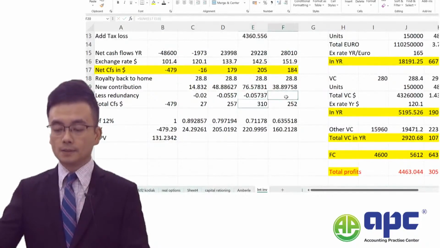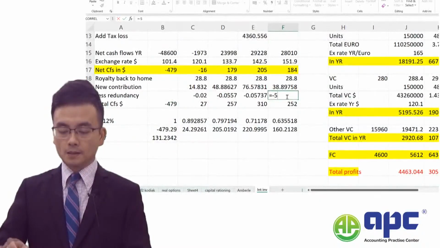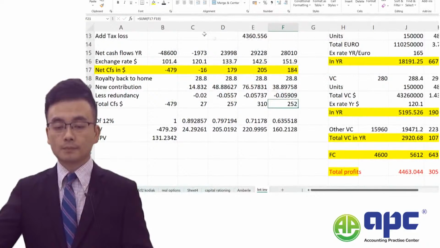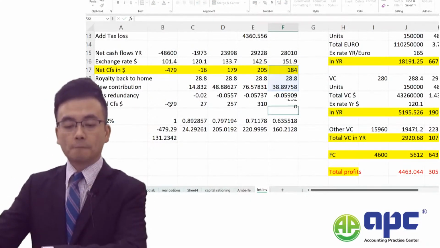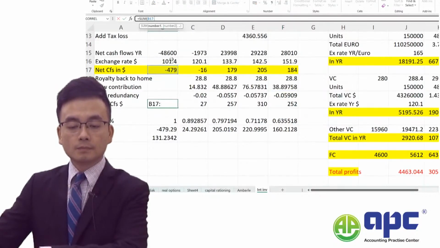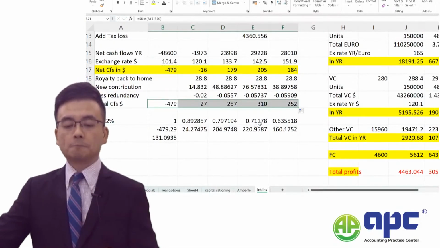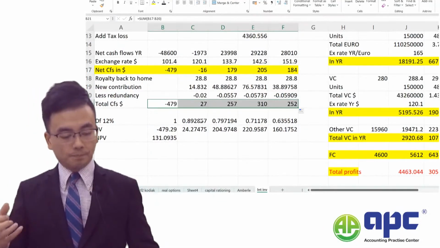And then 59 and 89. It makes no difference, it seems to me, but we need to update that. The sum of the total cash flows here up to this point, yeah, that's all we can do.